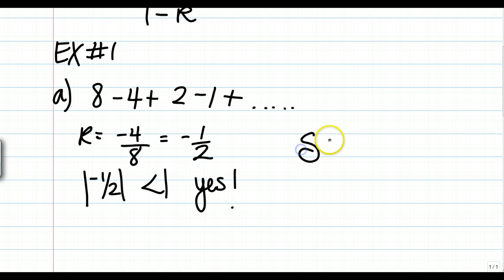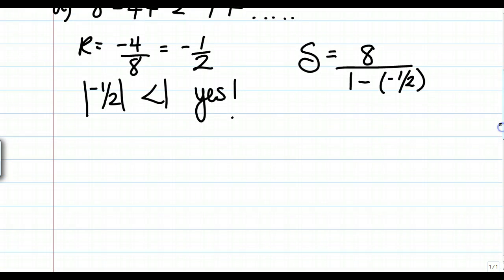So I'll have S equals my first term, which is 8, over 1 minus negative 1/2. So I'm going to have 8 over 1 plus 1/2.